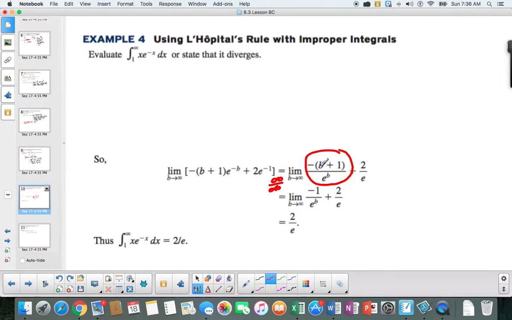So the derivative of this will be negative 1, and the derivative of this will be e to the b, and this doesn't change. The limit of the sum is the sum of the limits, and as b goes to infinity, this is going to go to 0, and we're going to get 2 over e. So we took this improper integral, and using our techniques, we found that we got 2 over e, which means that it converges.